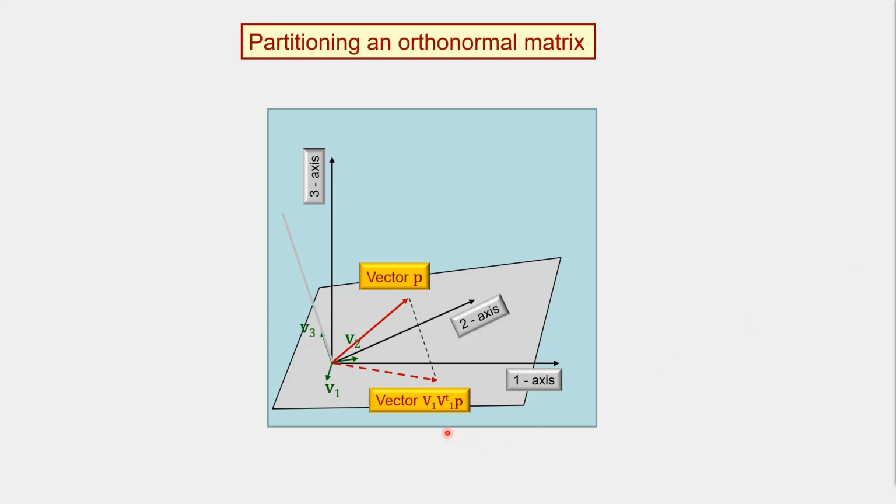Here is the projection of this vector p onto the subspace defined by the V1 matrix, and it's obtained by pre-multiplication by this orthogonal projection operator, V1 V1 transpose. We can do the same for the orthogonal subspace, which in this case is 1-dimensional, and I'm sorry, that should be V2 V2 transpose p.